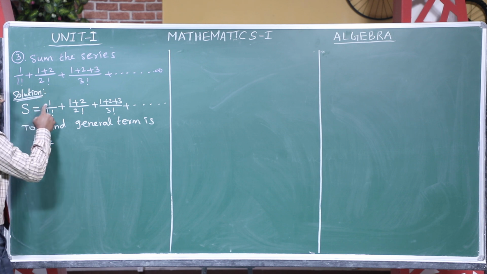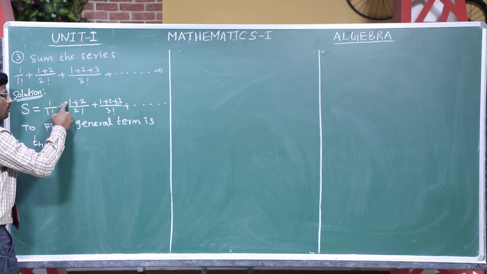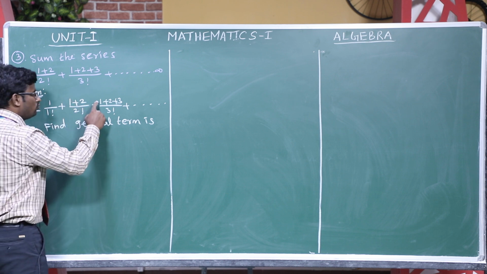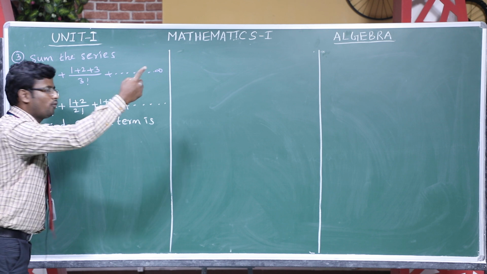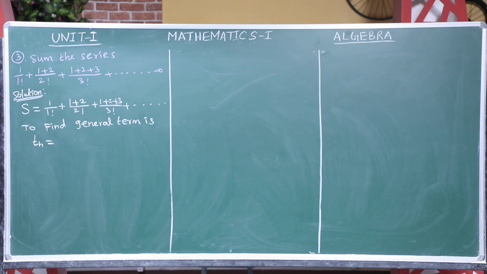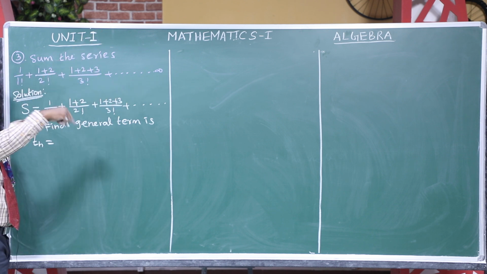See, in the numerator, the first term is 1, the second is 1 plus 2, the third is 1 plus 2 plus 3, the fourth is 1 plus 2 plus 3 plus 4. The last term is 1 plus 2 plus 3 plus 4 up to plus n.